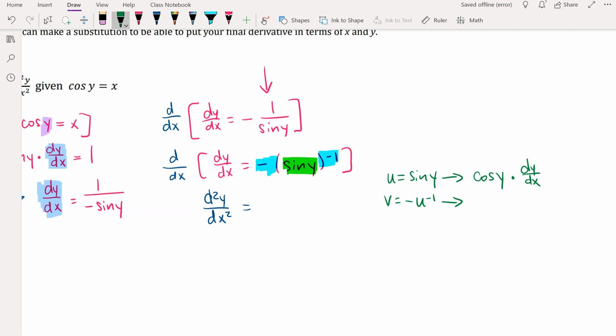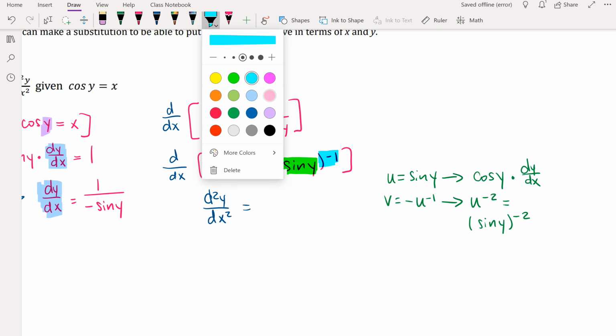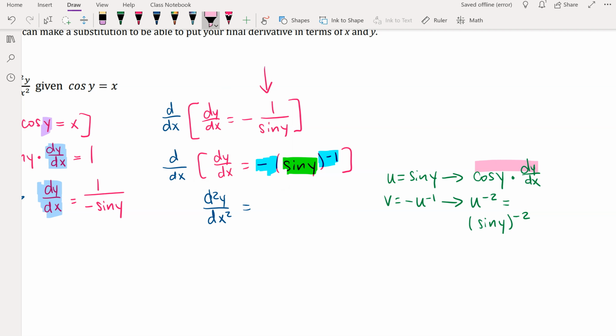That's going to be, the negative 1 comes out in front, turns positive u to the negative 2, which remember, u originally was sine y, so we have sine y to the negative 2. Okay, so that chain rule piece, remember you multiply the derivative of u times the derivative of v to get that chain rule piece.